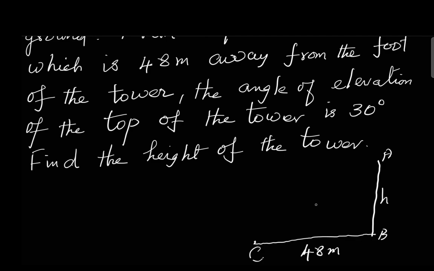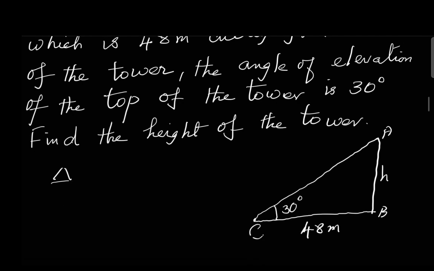He is looking at the top of the tower, the angle of elevation of the top of the tower. So this is 30 degree. Question, find the height of the tower.